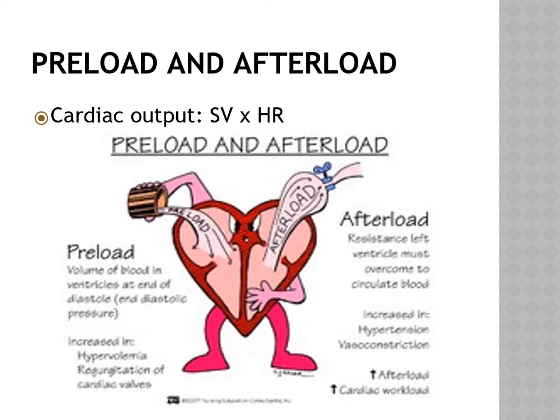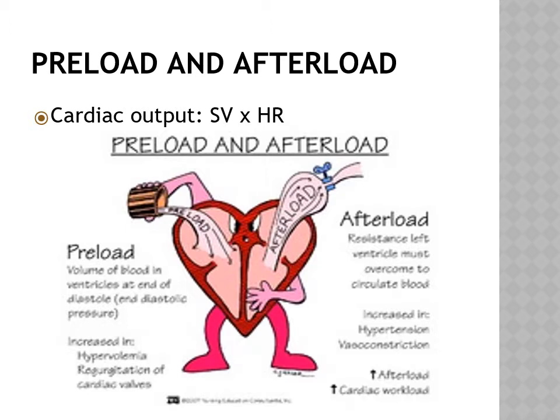So preload is that volume of blood in the ventricles, and we can think of that as that end diastolic pressure. And things that increase preload would be hypervolemia, so an increase of fluid volume, or regurgitation of the cardiac valves. So essentially this blood flow that is backing up from the ventricles into the atria.